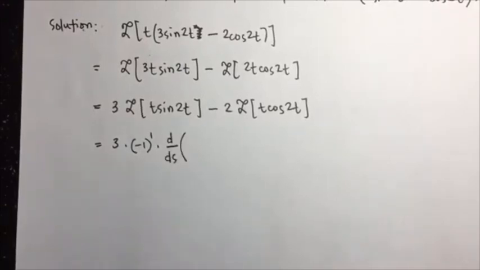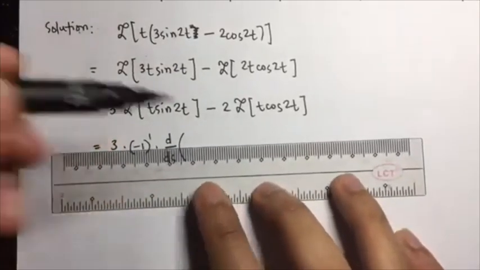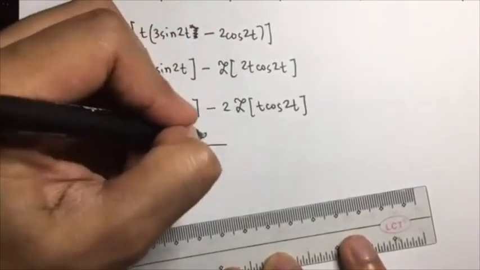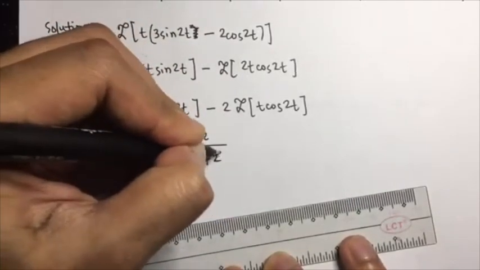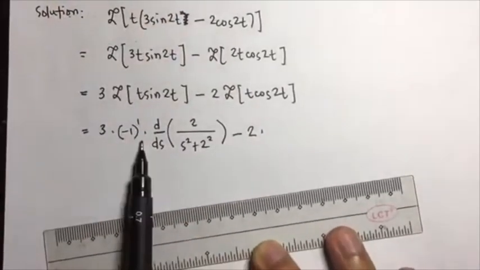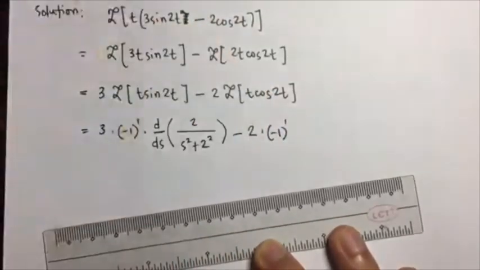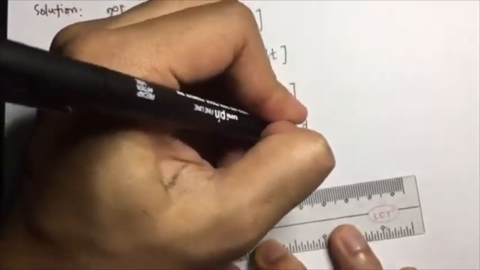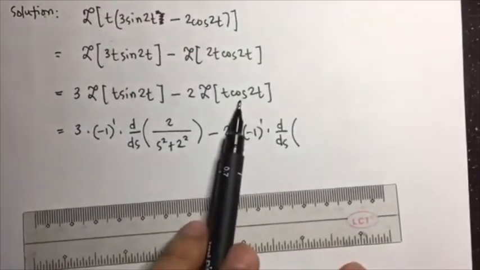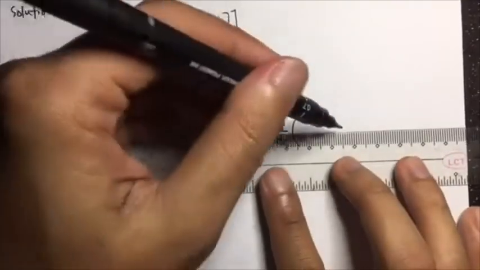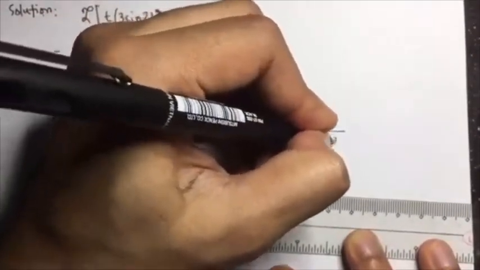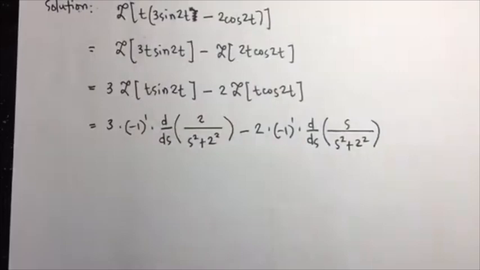The Laplace transform of sine 2t, from the formulas that we have memorized, is equal to 2 over s squared plus 2 squared, minus 2 times, similarly to what we did here, negative 1 raised to 1 multiplied by the first derivative with respect to s of the Laplace transform of cosine 2t. The Laplace transform of cosine 2t is s over s squared plus 2 squared.